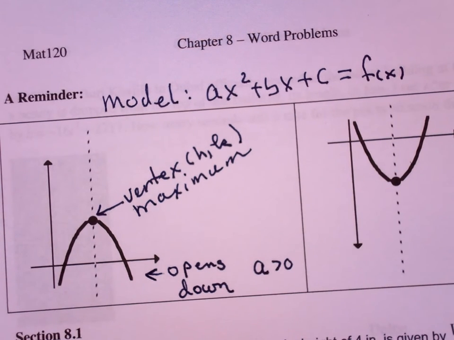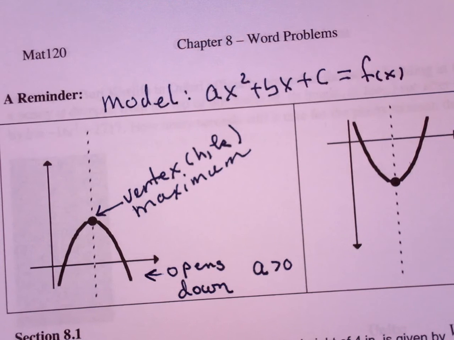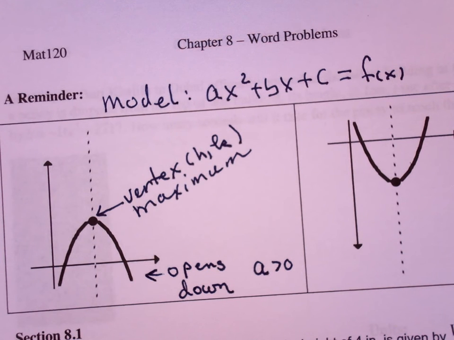So anytime you're dealing with a quadratic model and the word maximum or minimum is mentioned, you're looking for the vertex. So anytime you're reading a word problem and you know that the model is quadratic, you say to yourself, if it says maximum or minimum, I have to find the vertex.